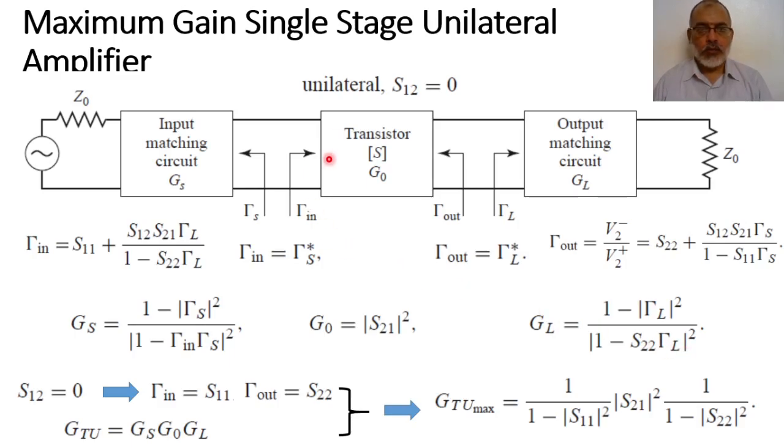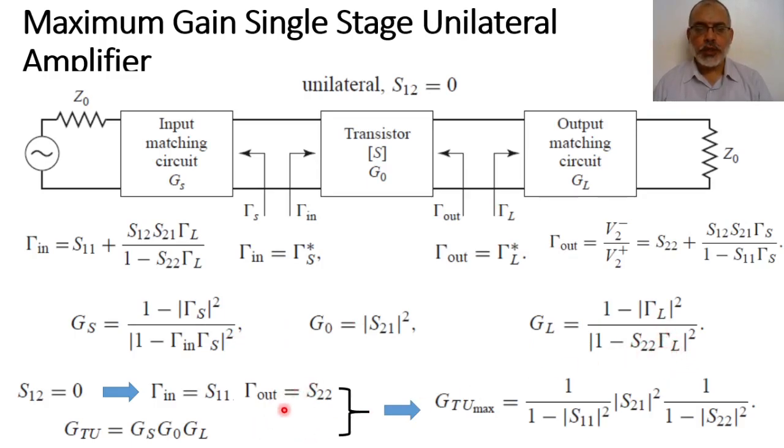Now, for the case of unilateral, where S12 is 0, gamma in would be S11, and gamma output would be S22. In addition, for the case of maximum gain, gamma source would be the conjugate of gamma in, so gamma source would be S11 conjugate. And gamma load would be gamma output conjugate, so gamma load would be S22 conjugate.